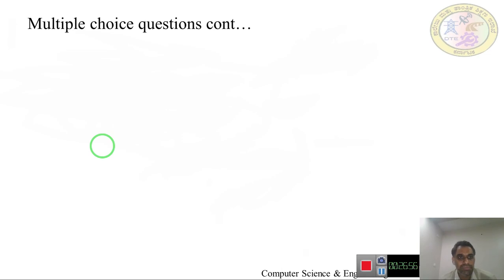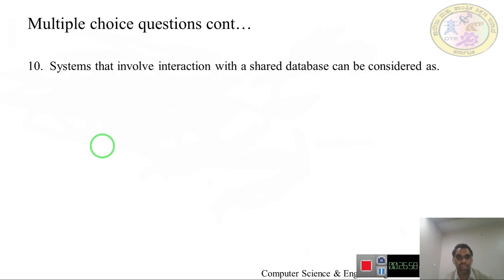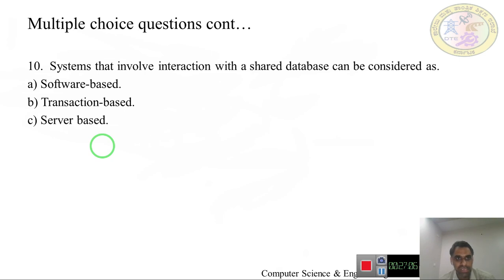Last question. Systems that involve interaction with a shared database can be considered as software based, or transaction based, server based, or client based. So which one seems right for systems that involve interaction with a shared database? You have learned in database a transaction concept, right? So what does the transaction concept say?